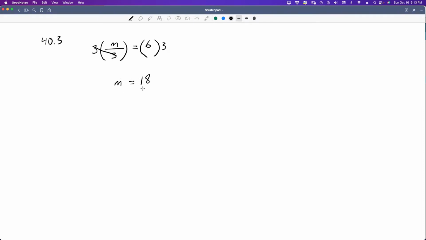So let's put this back into this equation and see what we have. We originally had m over 3 is equal to 6. Well, if I put 18 in where the m is, 18 divided by 3 is 6, and that checks. So now you see how to solve these types of problems.